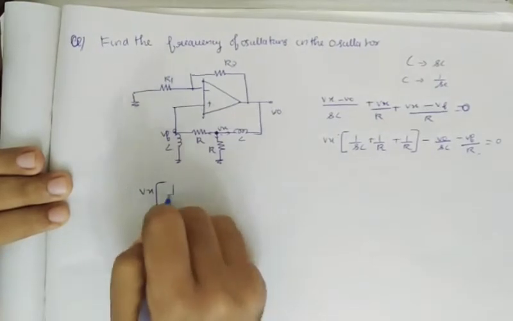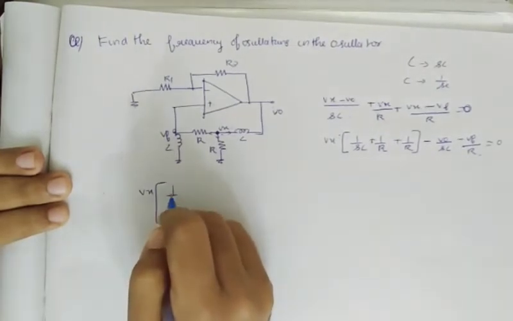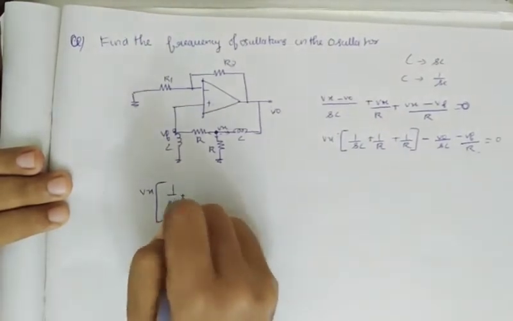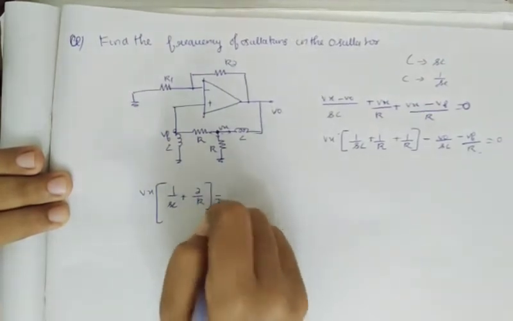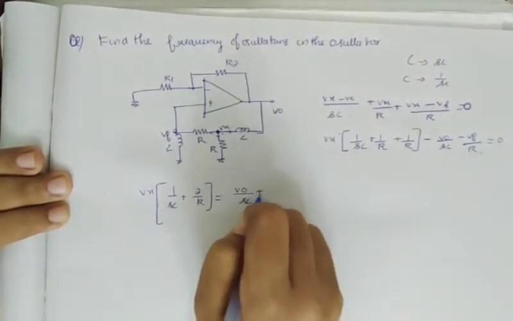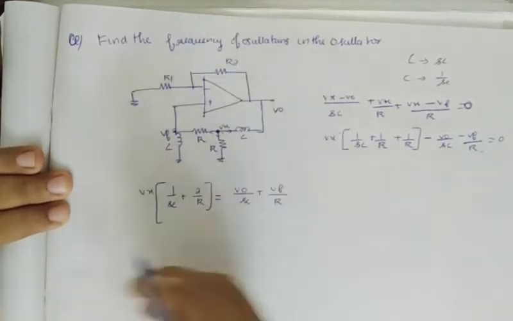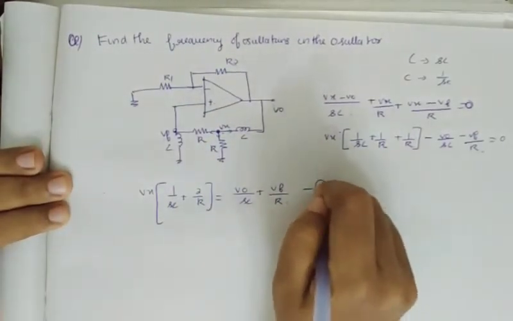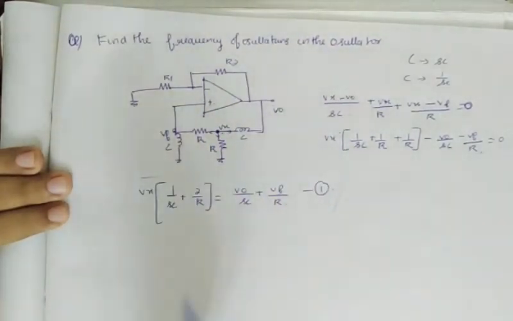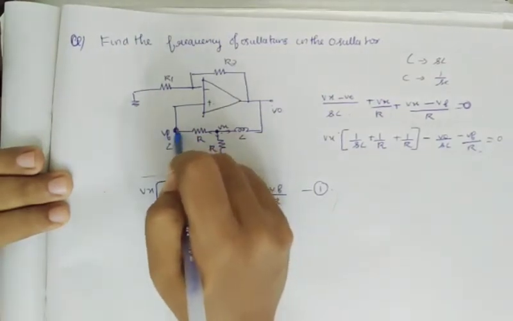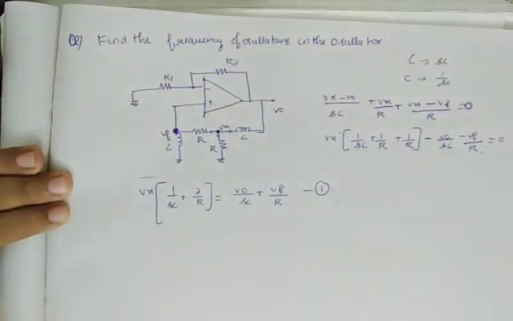Taking Vx outside, we get 1 divided by SL plus 2 divided by R equal to V0 divided by SL plus Vf divided by R. I'll keep this in a box, and now I'll write the node equation over here.